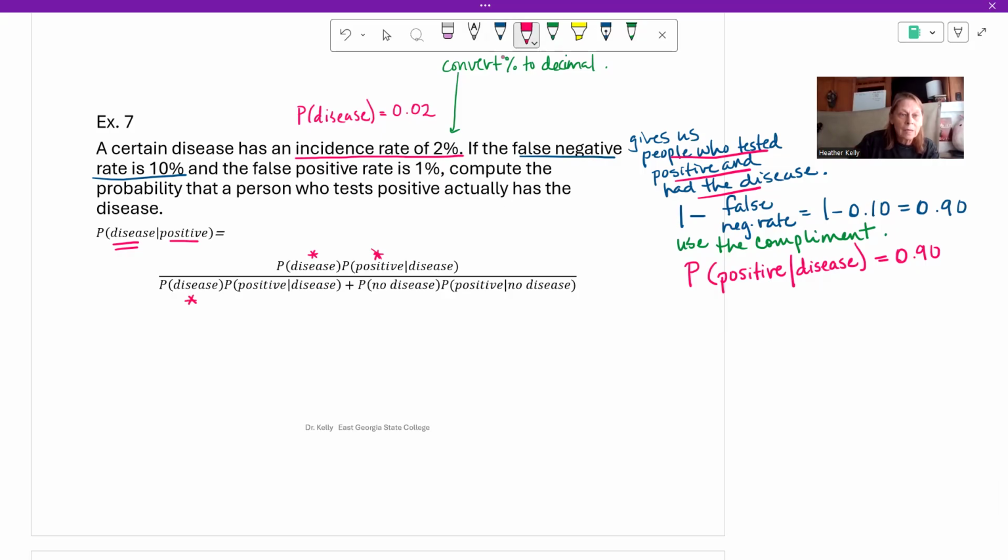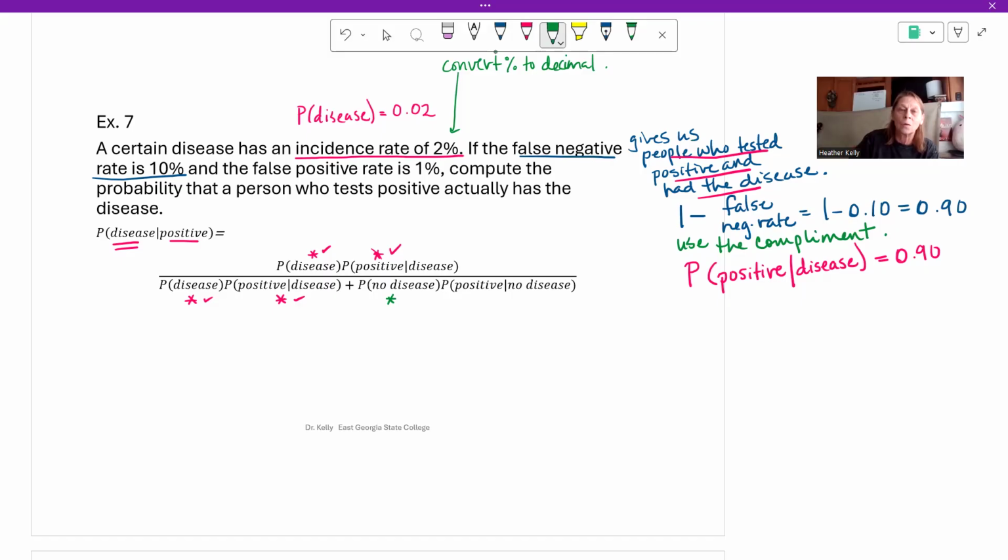These guys are the same. So what do we have left? Well, we need to find the probability of no disease and also the probability of having a positive test given no disease.